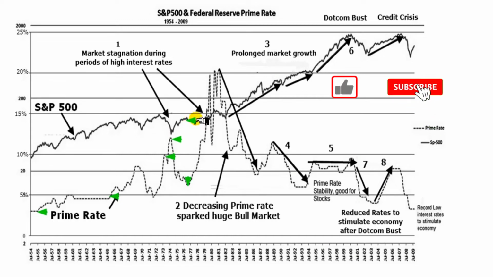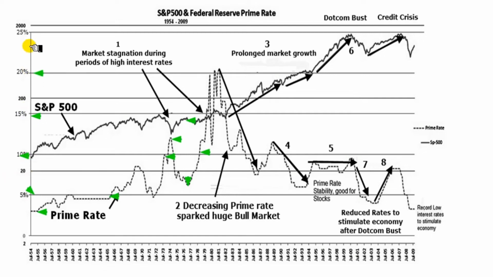As the market moved onwards and upwards, the monetary policy was changed again, and you can see interest rates started to increase and went past 10%. The green arrows here are the percentage rate lines for the prime rate.